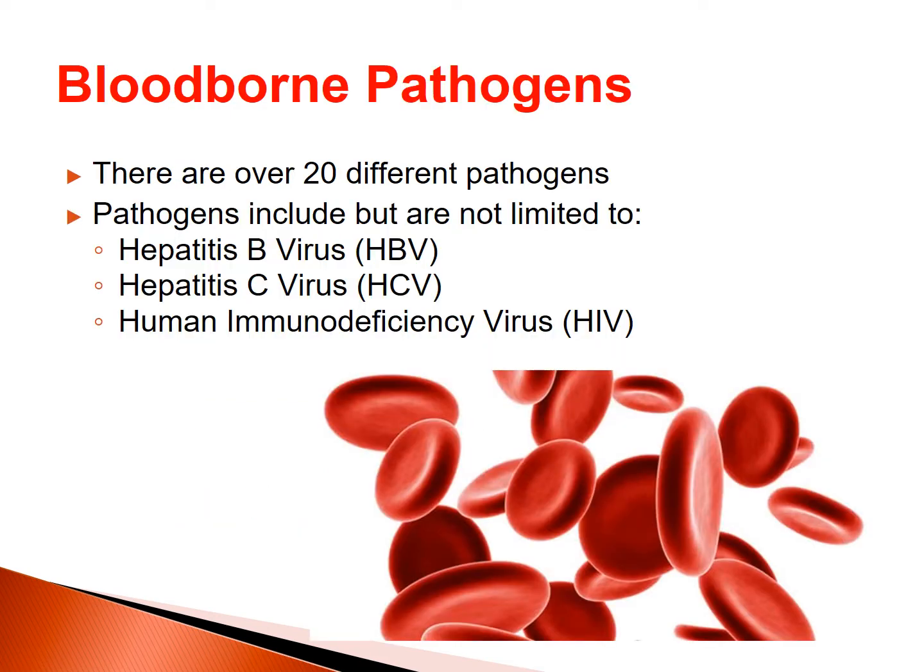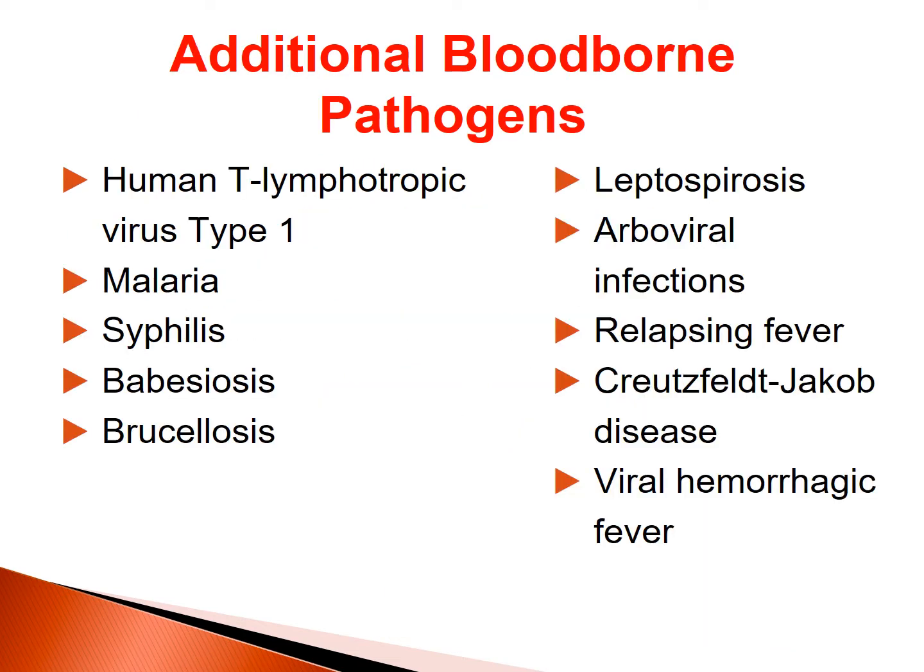So there are over 20 different bloodborne pathogens. They include, but are not limited to, some of the more common pathogens: hepatitis B, hepatitis C, and the HIV virus. There are some additional bloodborne pathogens that could come into play. It could be malaria, syphilis, brucellosis, what they call arboviral infections.